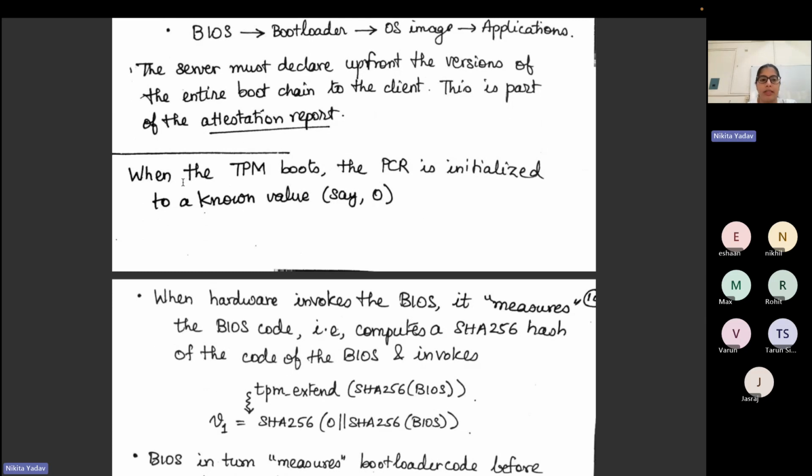Another fact: whenever the TPM boots, like whenever you shut down your machine and start it again, at that time the PCR registers, the platform configuration registers, are initialized to a known value, which is 0.